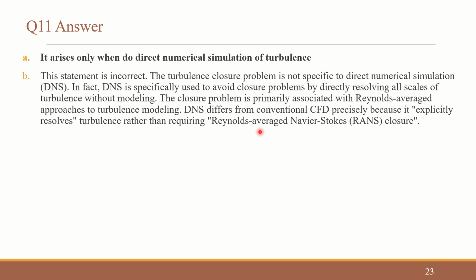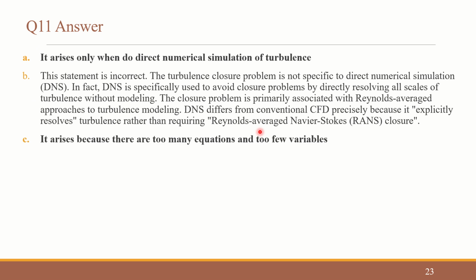DNS differs from conventional CFD, where we use RANS for turbulence modeling. In DNS, we do not go for turbulence modeling using RANS. Rather, we explicitly resolve everything happening at all scales of turbulence without external modeling. So the first statement is incorrect.